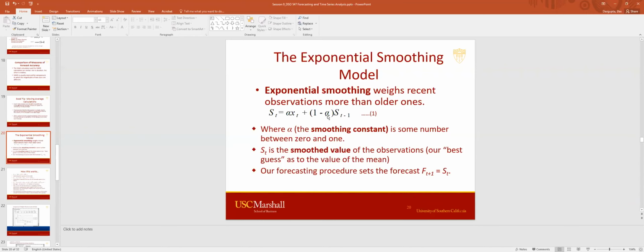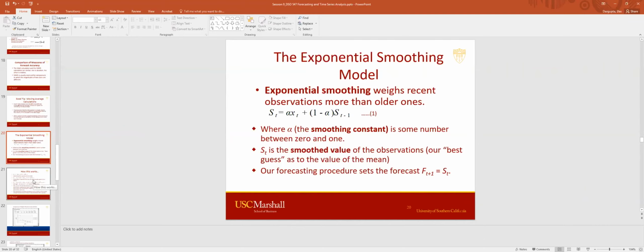Plus 1 minus alpha times the period st minus 1, the smoothed value of t minus 1, the previous period. This is equation 1. And then the forecasting procedure sets the forecasted period of future ft plus 1 to be this, and then it keeps on forecasting for the future periods.